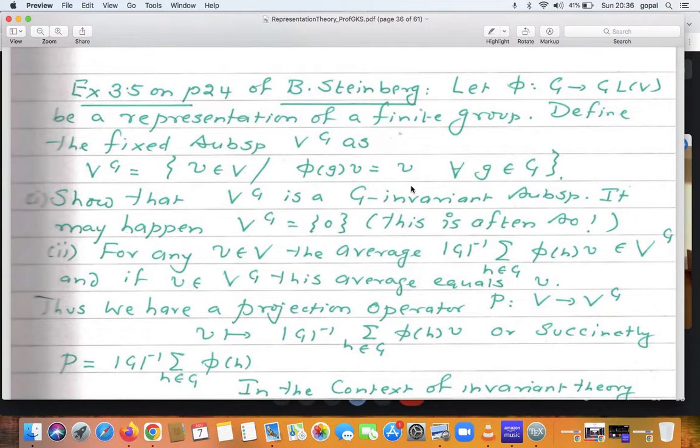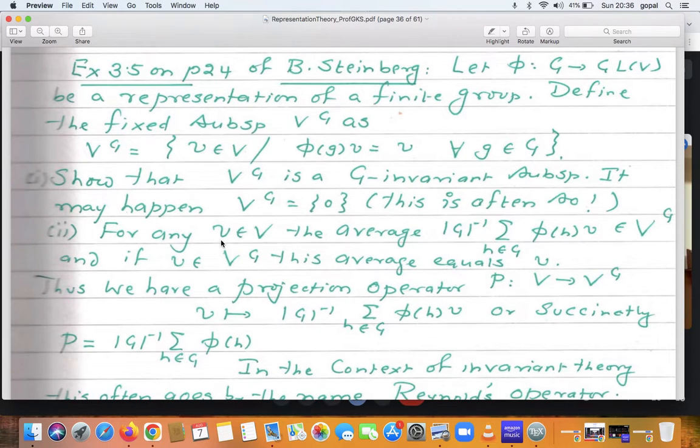Of course, if 0 is the only one, then 1 is not an eigenvalue. If there is a non-zero vector with this property, that would mean all these linear transformations have 1 as a common eigenvalue. That's a rather strong condition. Usually the fixed subspace will be only the trivial element.